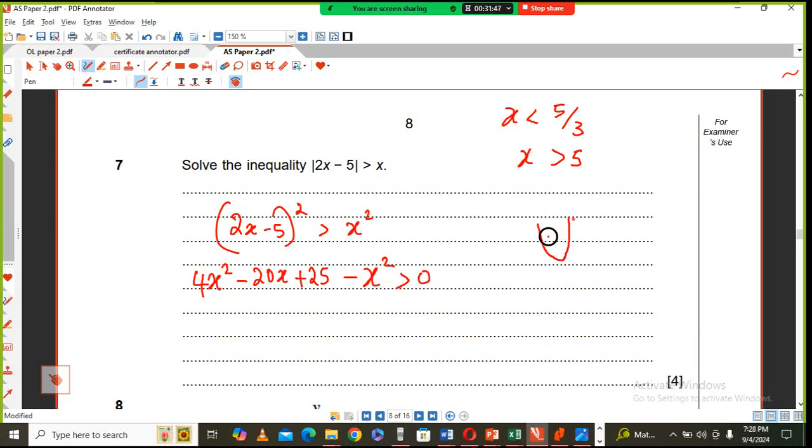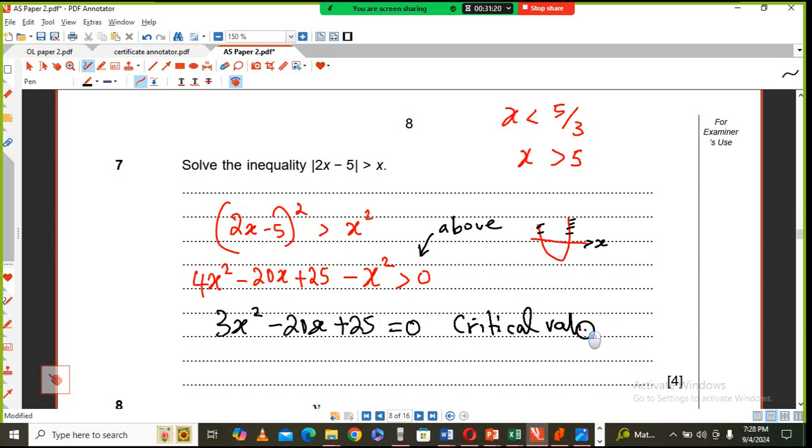If this is the parabola, the solutions are going to be above the x-axis. If you clean this up, you have 3x squared minus 20x plus 25. Let's say I let it equal to 0 to find what we call the critical value.